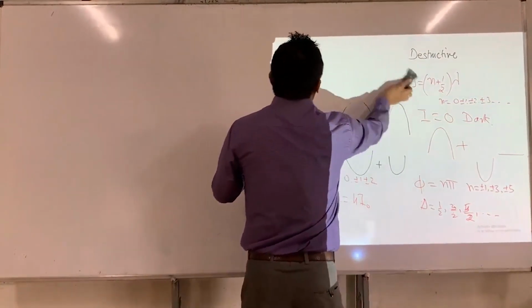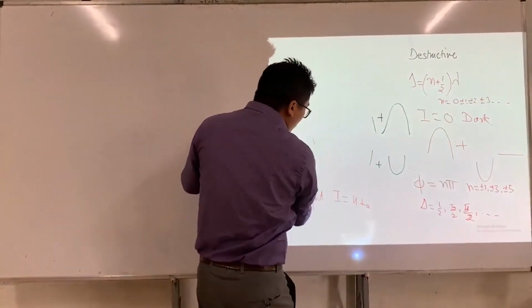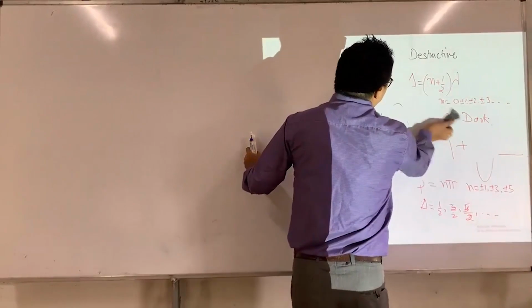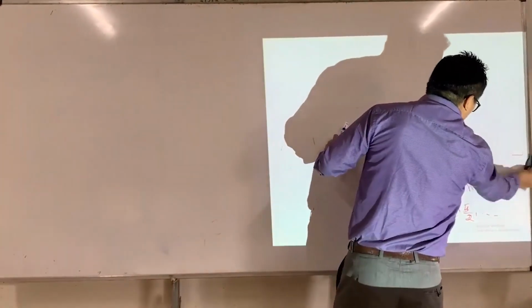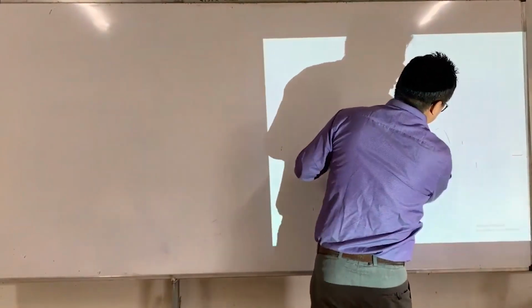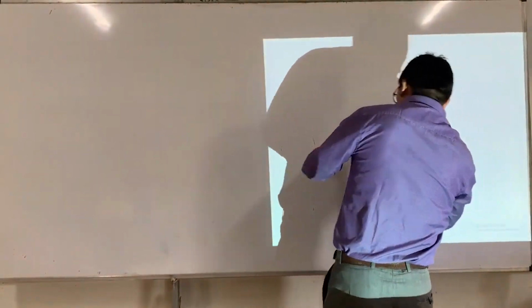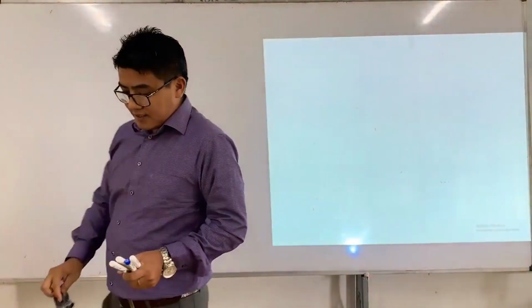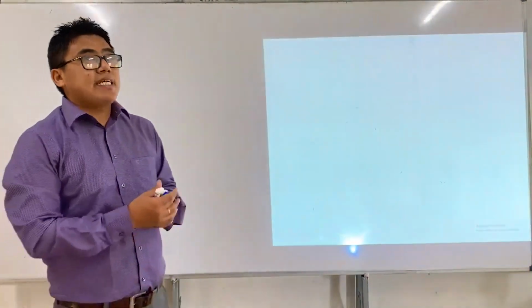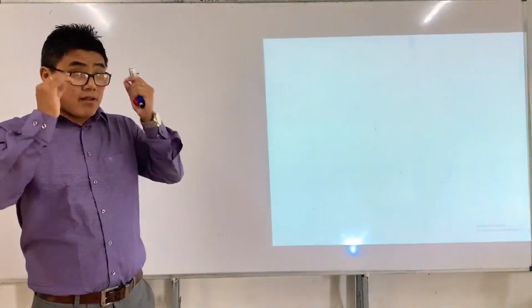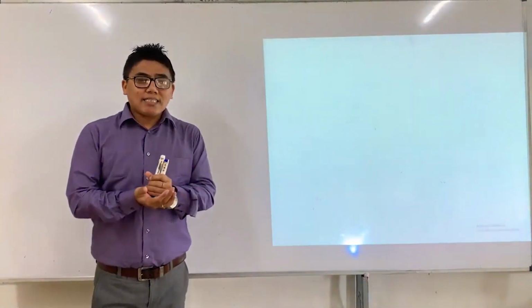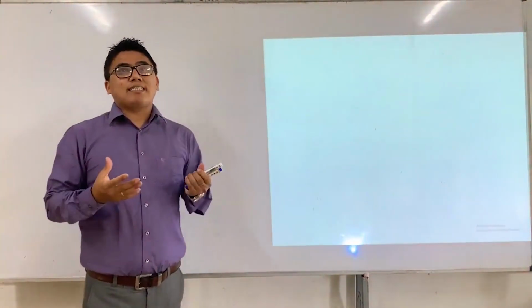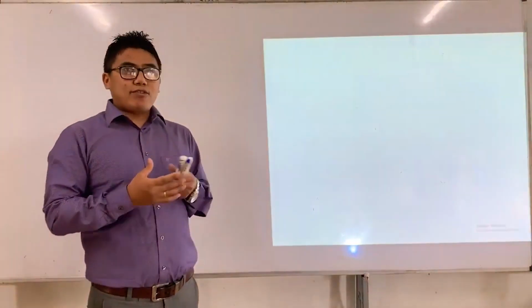Now having this concept, we are going to study one very important phenomenon called interference. I talked last time about the experiment performed by Thomas Young, the double slit experiment. So look here. Last class we defined coherent waves.